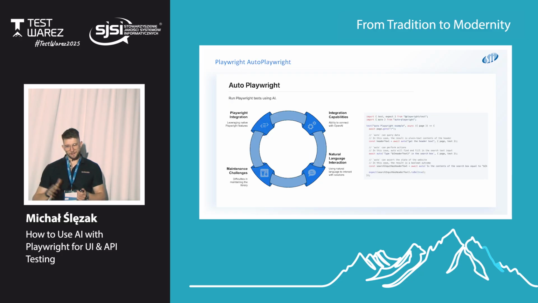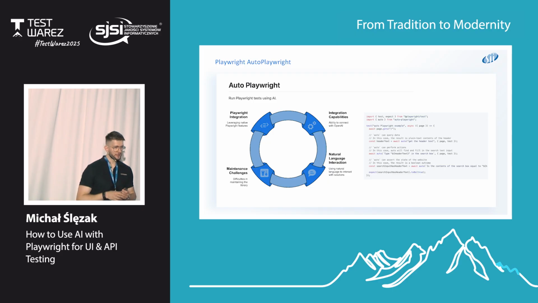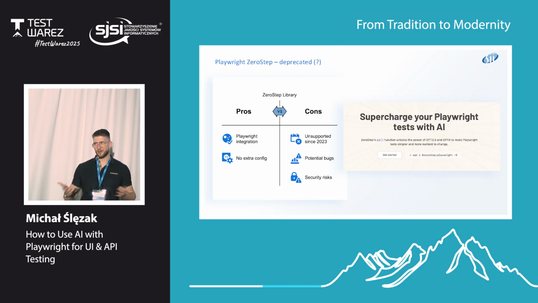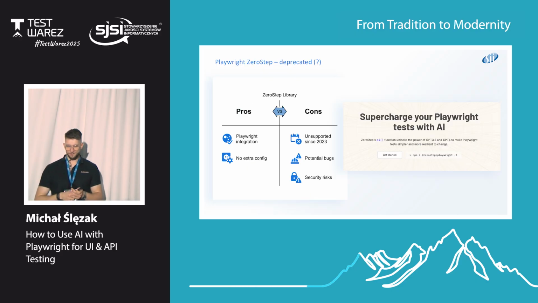But if we talk about test automation, we had some integrations, for example Auto Playwright. I don't recommend using that because, to be honest, it's not updated. We also have ZeroStep, which is also deprecated. Both of them are unsupported.